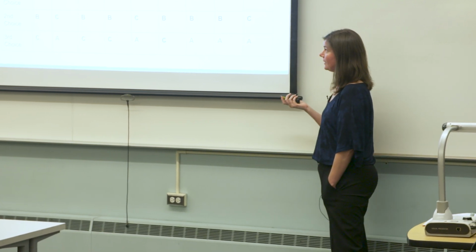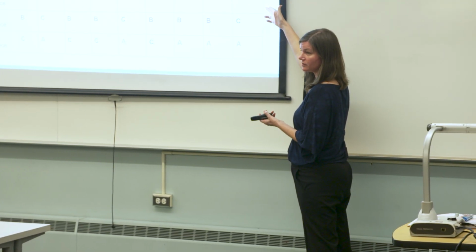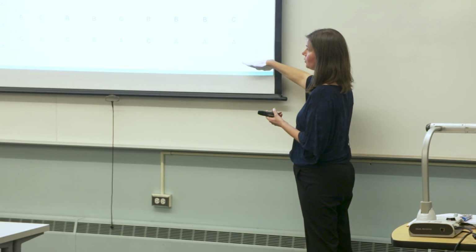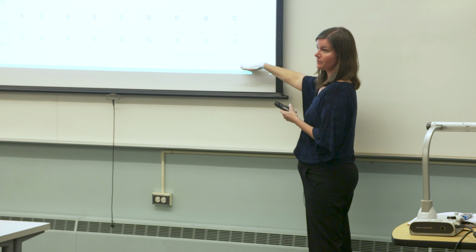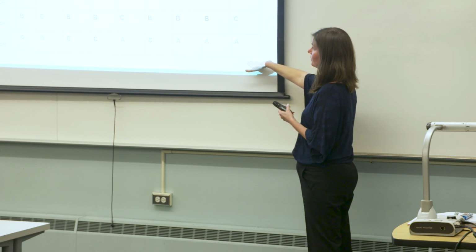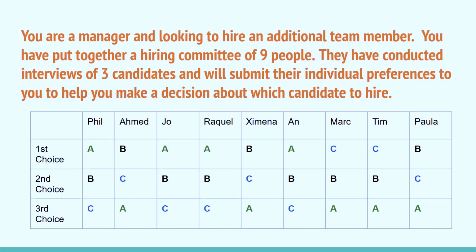So before, when we just saw this, A has the most first place votes, but as soon as we see second and third choice, that paints a little bit different picture, right? Because now we see that in general, everyone kind of likes B. It's either their first choice or their second choice. But what do you see when you look at the third choice row?